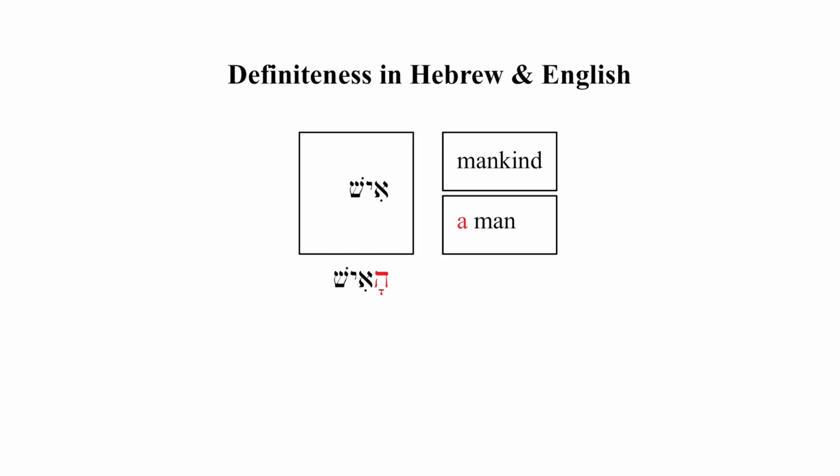So the word without any marking for definiteness can actually fulfill two categories in English: generic and indefinite. The definite article overlaps the same as in English: ha-ish, the man, and in English, the man. So that's kind of the layout of how these things overlap.